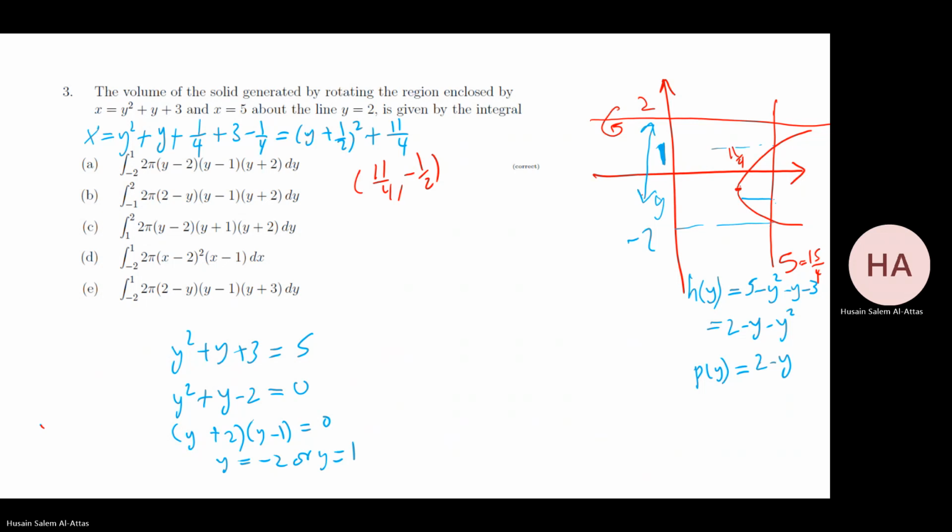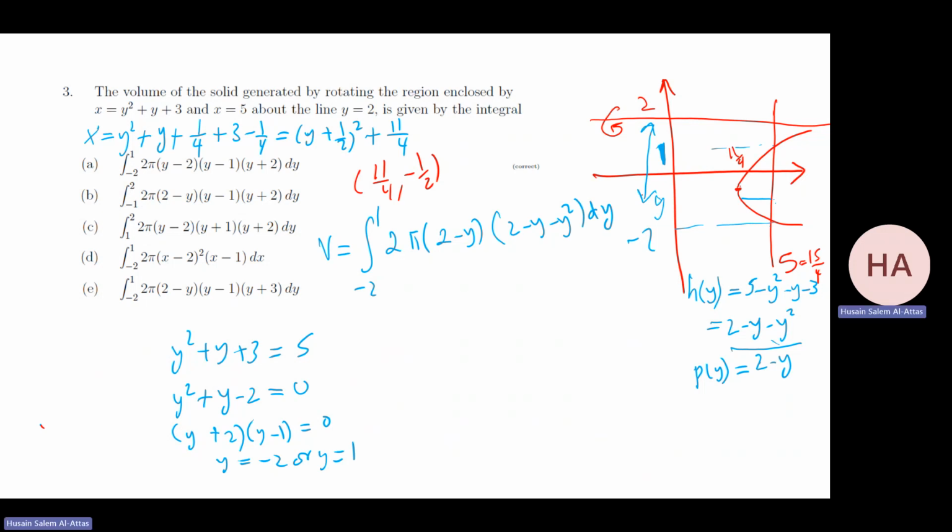That is 1. Okay. So the volume will be the integral from minus 2 to 1 of 2 pi times this one. I can simplify times 2 minus y times 2 minus y squared dy.